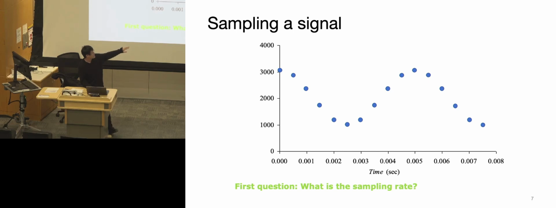The x-axis is time in seconds, and the y-axis is the amplitude level. Anyone finish the calculation? What's the sampling rate of this sampling system? Anyone? Yeah. 2 kilohertz? Exactly. It's 2 kilohertz because, yeah, you all know math.